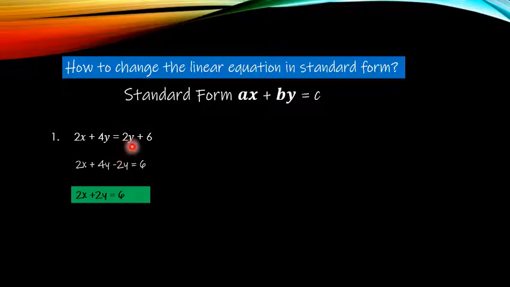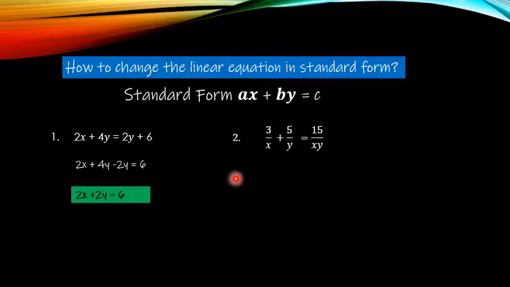When you do that, you have negative 2y here, which cancels out the 2y on the right side. Then the negative 2y is on the left side. So we combine the 4y and negative 2y, and we have positive 2y. Copy 2x and copy 6. So this is the answer.